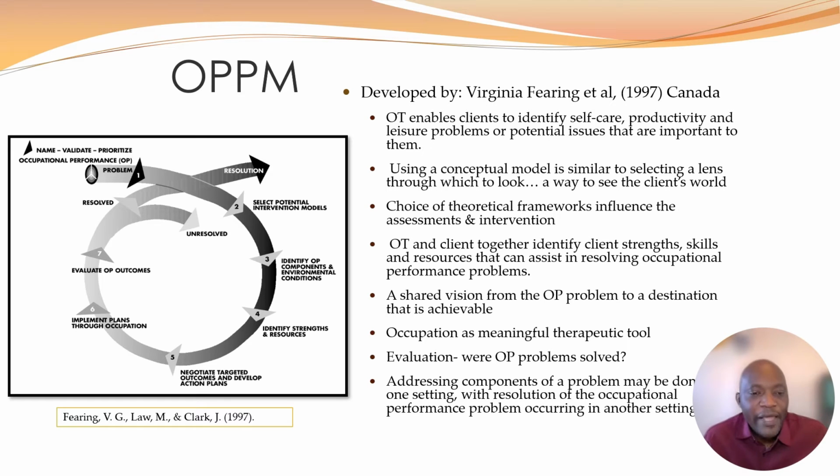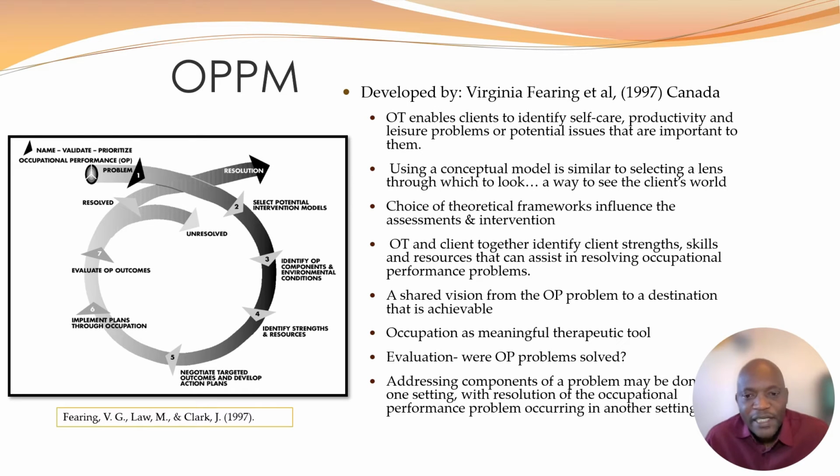And then from there, moving on to stage 3, identifying occupational performance components and environmental conditions, as well as stage 4, identifying the strengths and the resources. This is a collaborative process between the OT and the client to identify their strengths, skills, resources, and assets that can assist in resolving the occupational performance problems at hand.